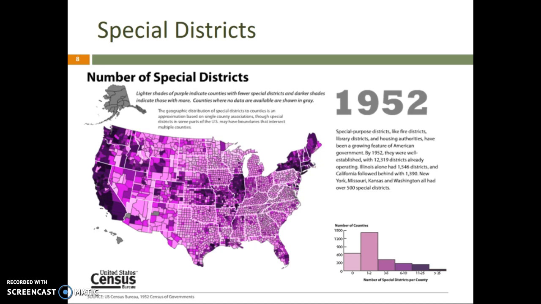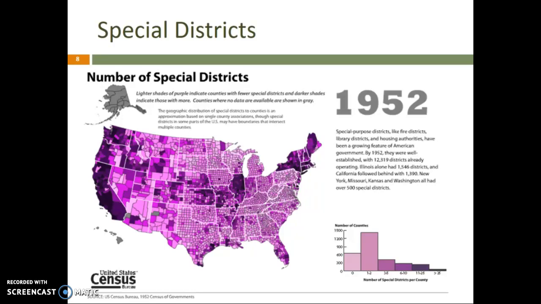If you can read the text on here, you can see that things like fire districts, water districts, housing and community development, drainage districts, flood control, soil conservation, air quality authorities, ports, hospitals, mass transit, utilities, geothermal heating, weed control, all of these can be special districts.